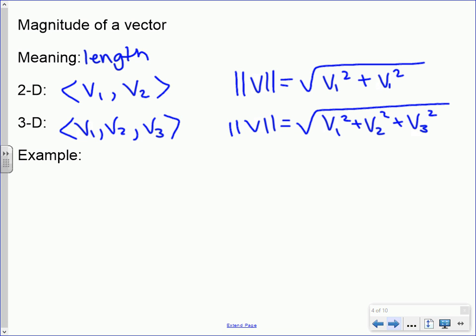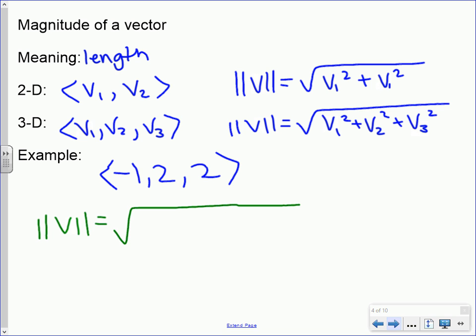If I want the magnitude of -1, 2, 2, anybody tell me what it is? 3.